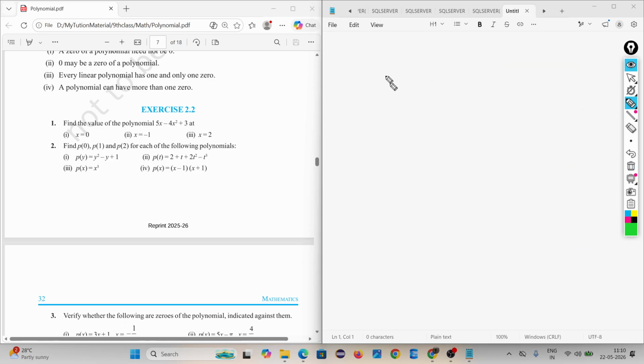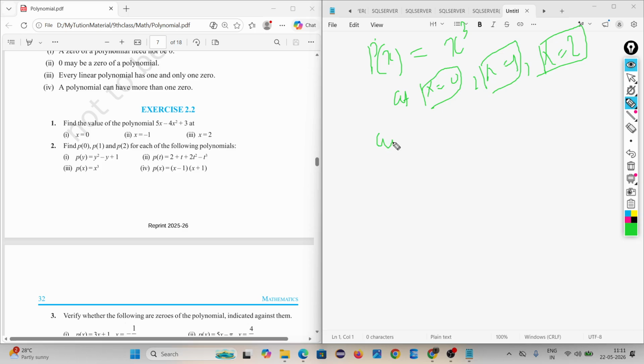Then the other polynomial is p of x, polynomial having x variable, equal to x cube. You have to find the value at x equal to 0, x equal to 1, x equal to 2. First at x equal to 0, what is the value of the polynomial? X cube, right, sir?